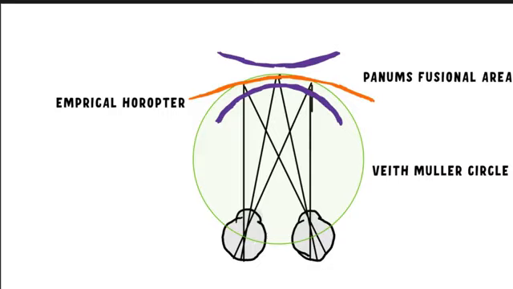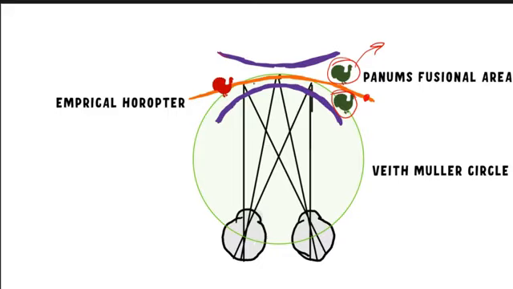Now we know that if there's an object which is falling on the horopter, definitely the eyes are going to perceive it as single. However, look at this duck here or turkey, whatever it is. You can see this is actually falling beyond the horopter, but still we are going to perceive it as single. Similarly, here this turkey is falling in front of the horopter, but still it will appear to be single. And this turkey definitely is falling on the horopter, so it will be single, right?